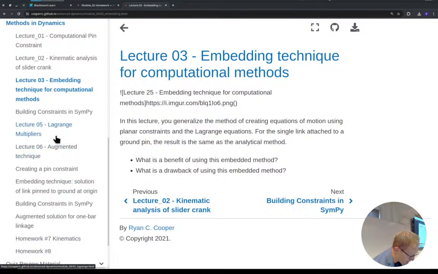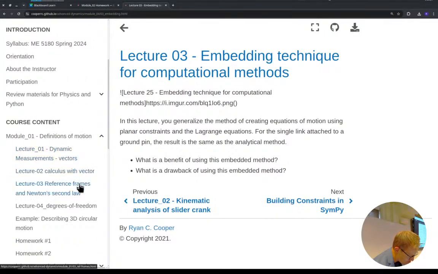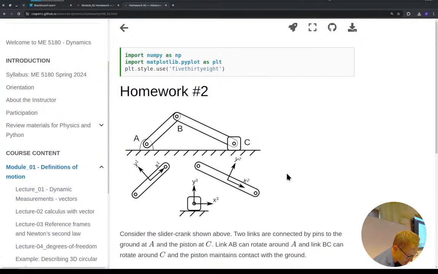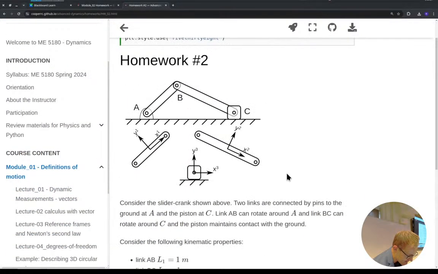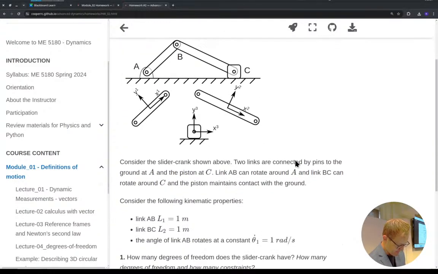I thought I had an animation of it, but I can't find one. It's not there. All right, sorry. I thought I had an animation here of a slider crank.